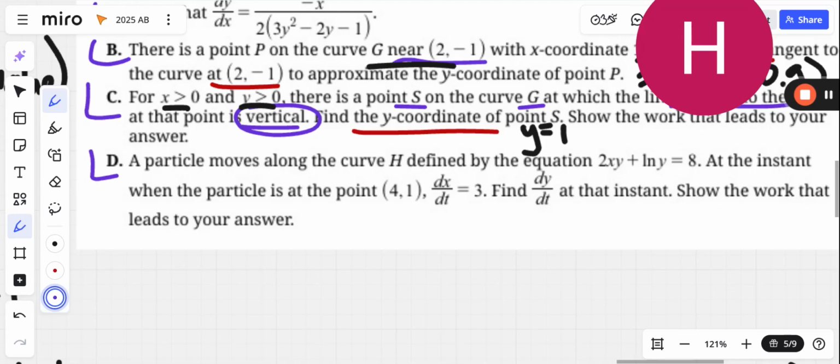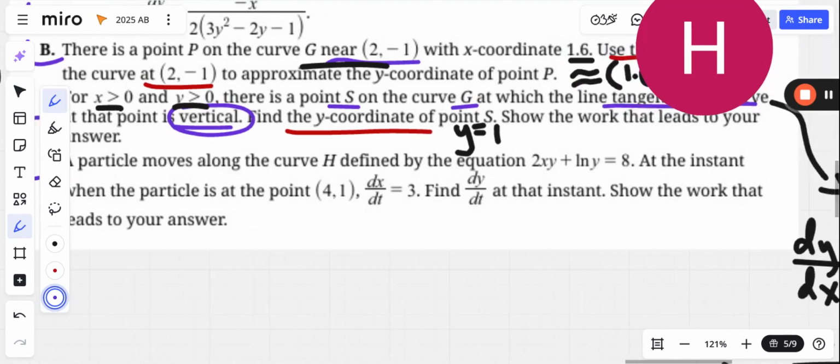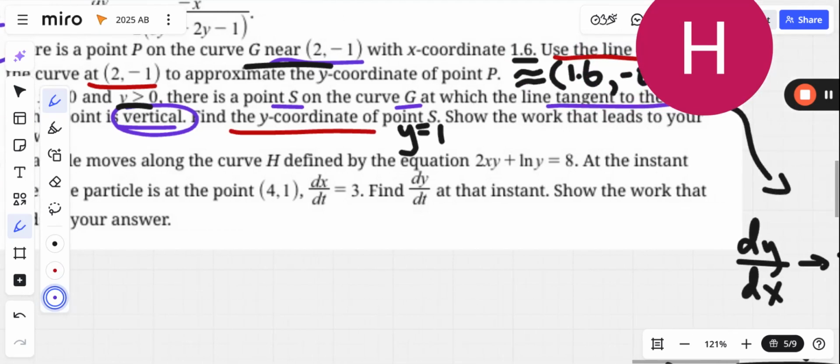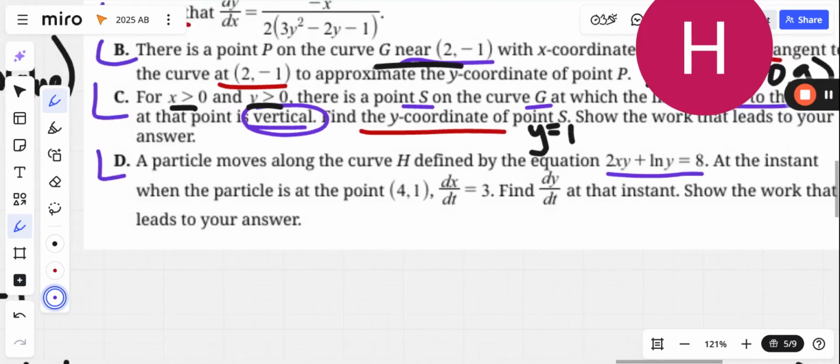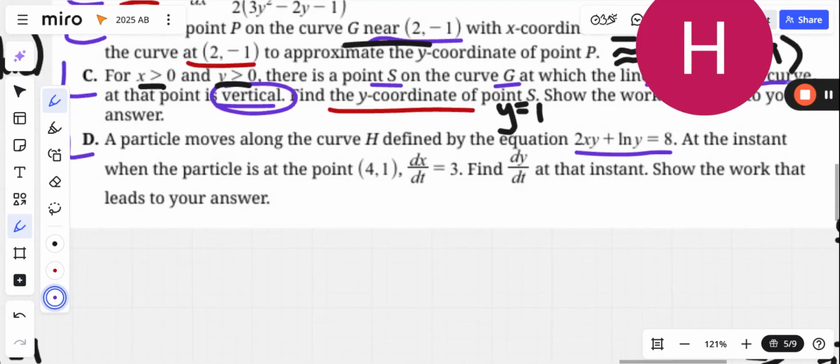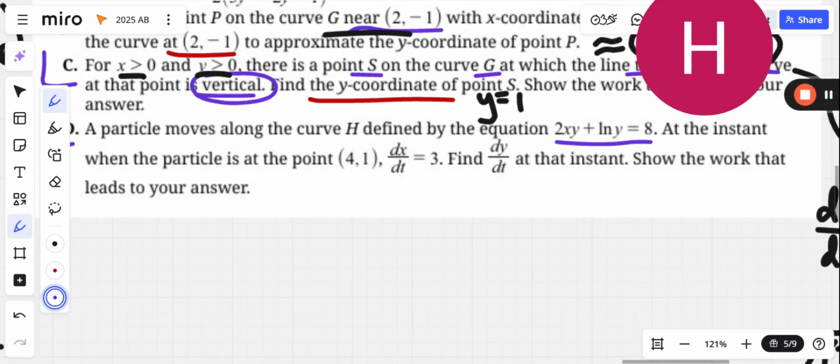Alright, part D. A particle moves along the curve H. Alright, we got a new curve defined by this equation. Of course, got a new curve. At the instant when the particle is at the point P, dx/dt equals 3. Find dy/dt at that instant.